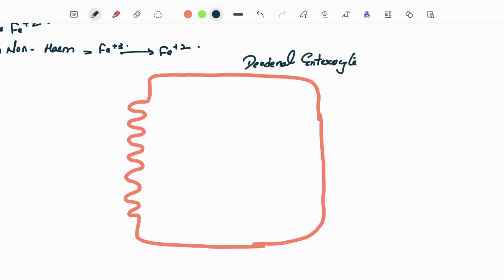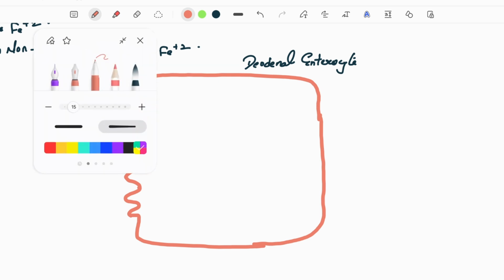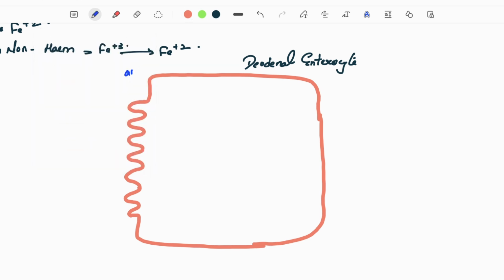This is the apical part. Let me change the color. This is the basolateral part or border. For example, we have taken a food item. It contains Fe3+. So this Fe3+ should be converted into Fe2+. That's what we discussed, right?